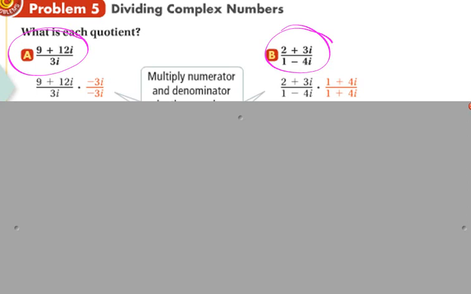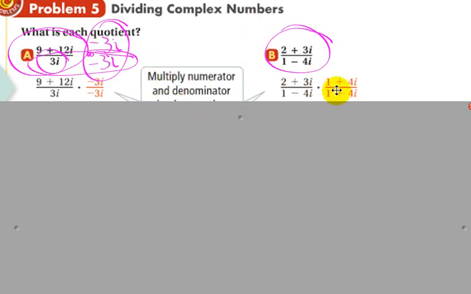So what's the complex conjugate of 3i? It means what can I add to it and it goes to 0. Negative 3i. So you're going to multiply by negative 3i over negative 3i, because in essence we're just multiplying by 1. Not changing any value, just changing the way we represent it, to help us clear that denominator.